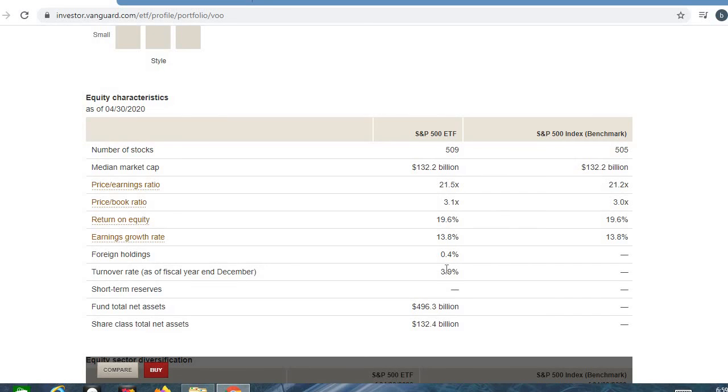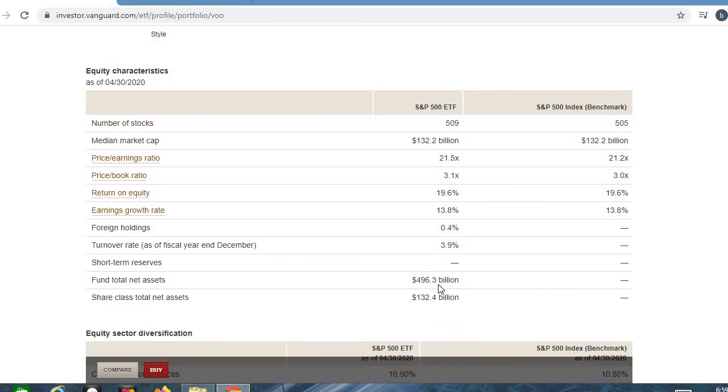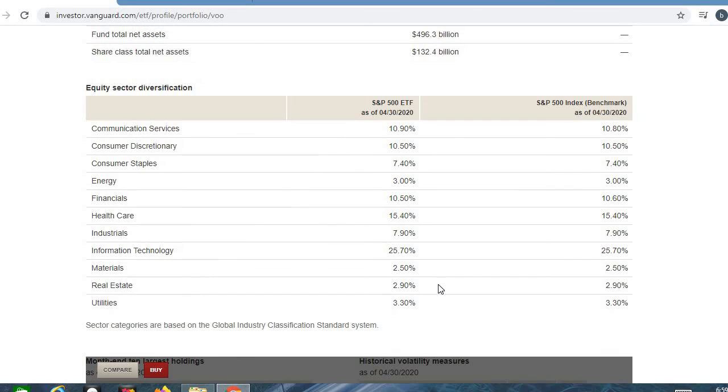Its median market cap is 132 billion, and it provides the composition of which sectors it invests in. You'll see that information technology is the largest sector, at 25.7%.